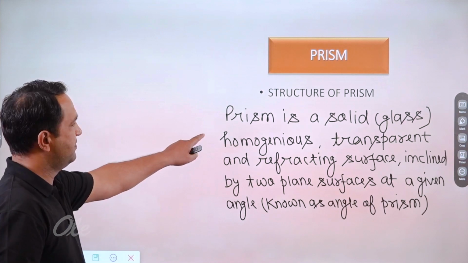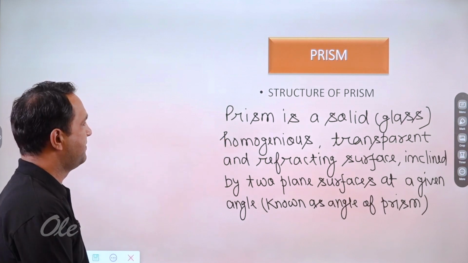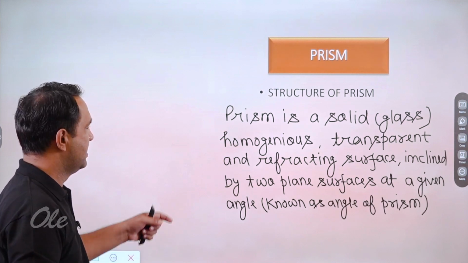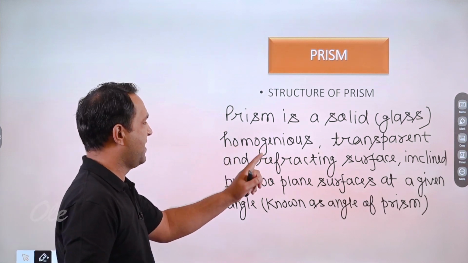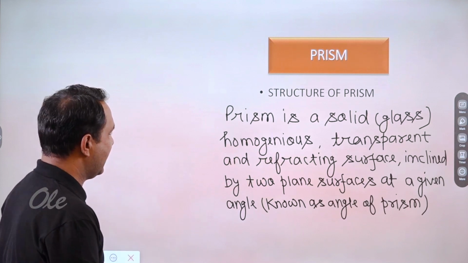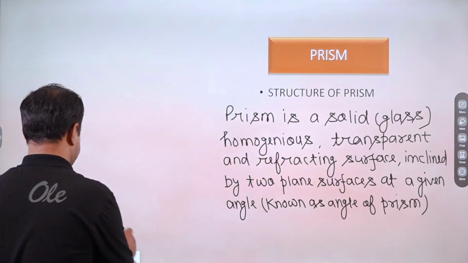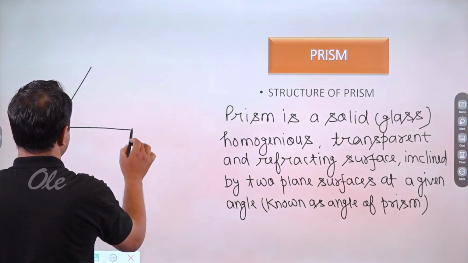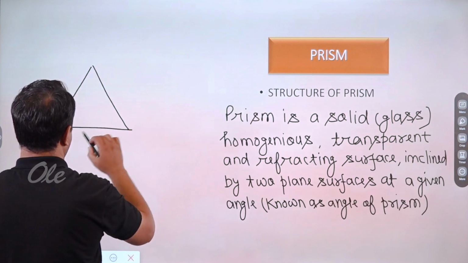Now we will draw the prism according to this definition. So a prism is a solid, meaning the material is glass, homogeneous, transparent and a refracting surface, inclined by two plane surfaces. Let's see here. We'll draw a prism.